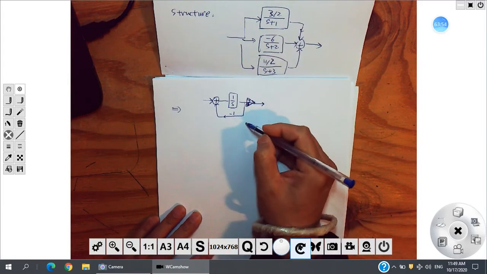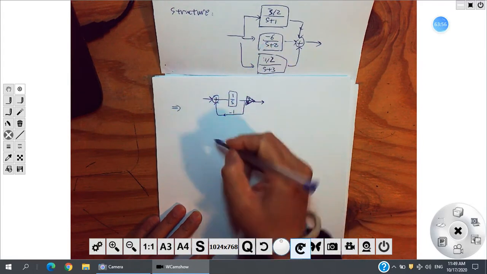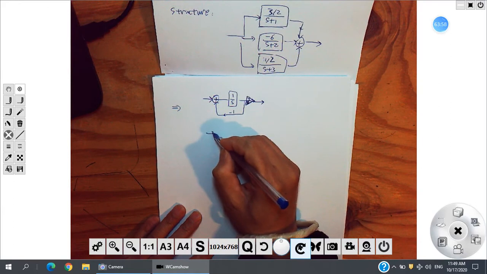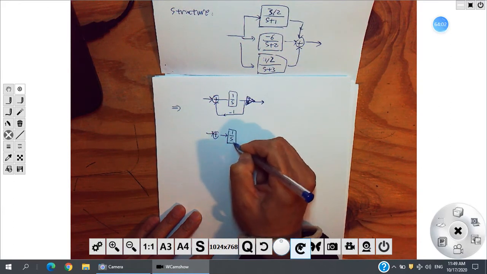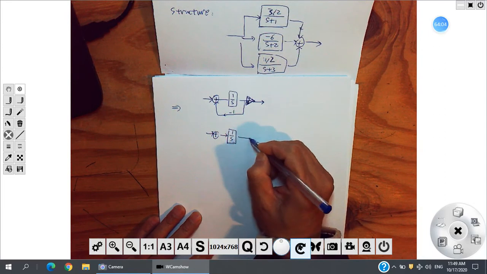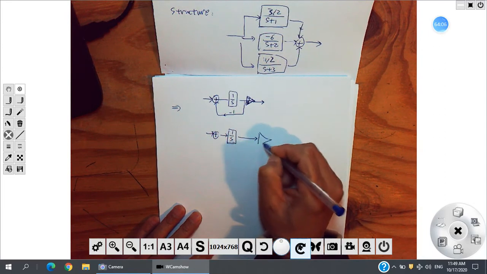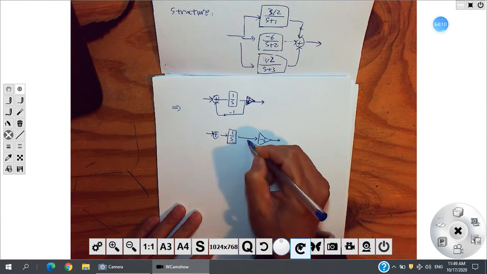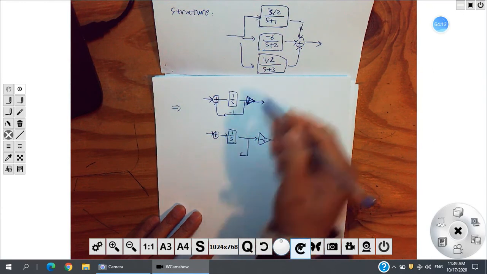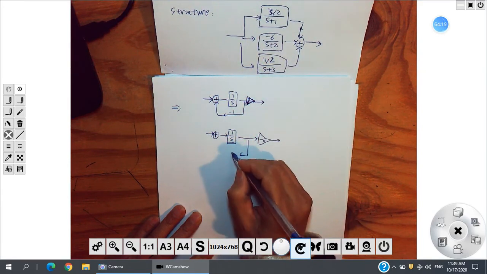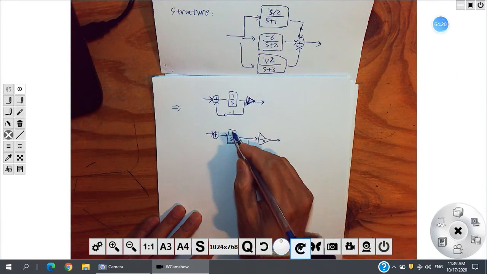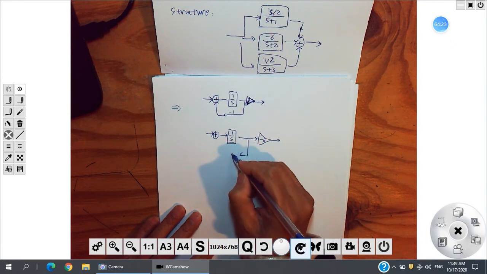And the second part is similar. This is just 1 over S. And here you need a -6, and here you need a 2 over S, right? You divide by S, it is 2 over S. Here you need a -2.